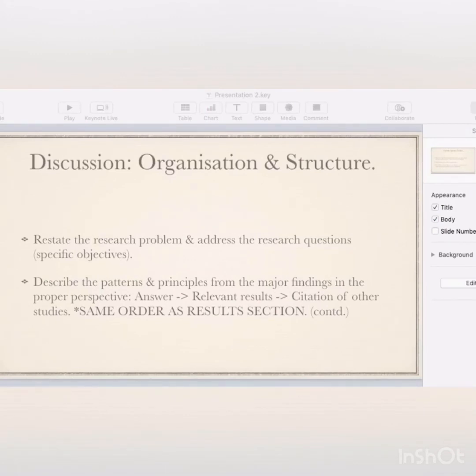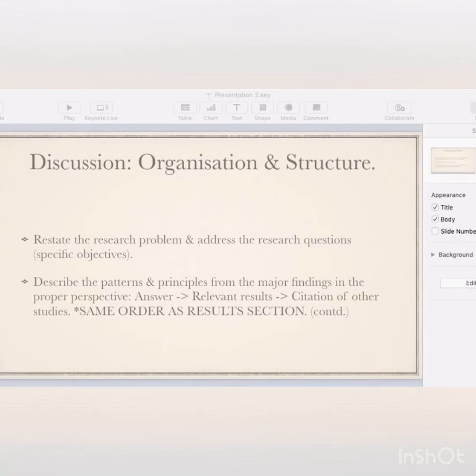Also, we must address the research problem and also the specific objectives or research questions, because a good discussion essay always reiterates the purpose why the study was conducted, and if these purposes have been fulfilled. The patterns and principles from the major findings of the study must also be addressed and described from the proper perspectives.